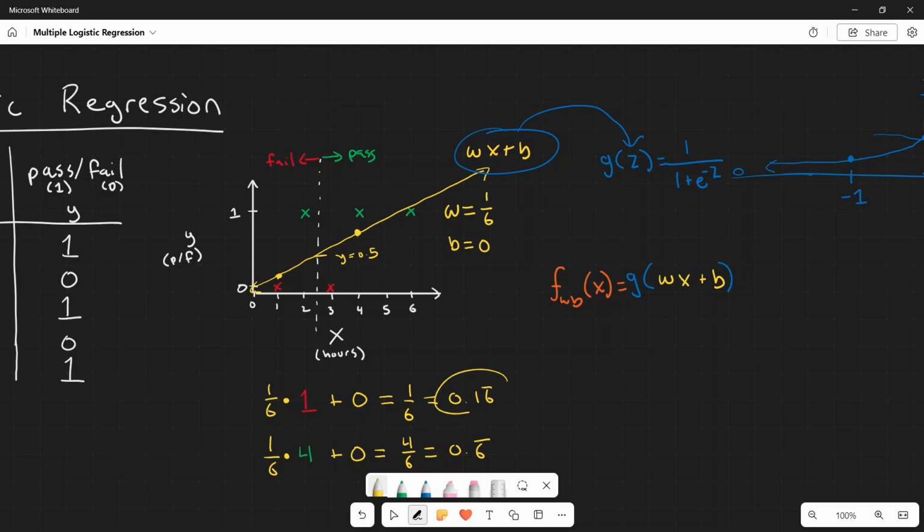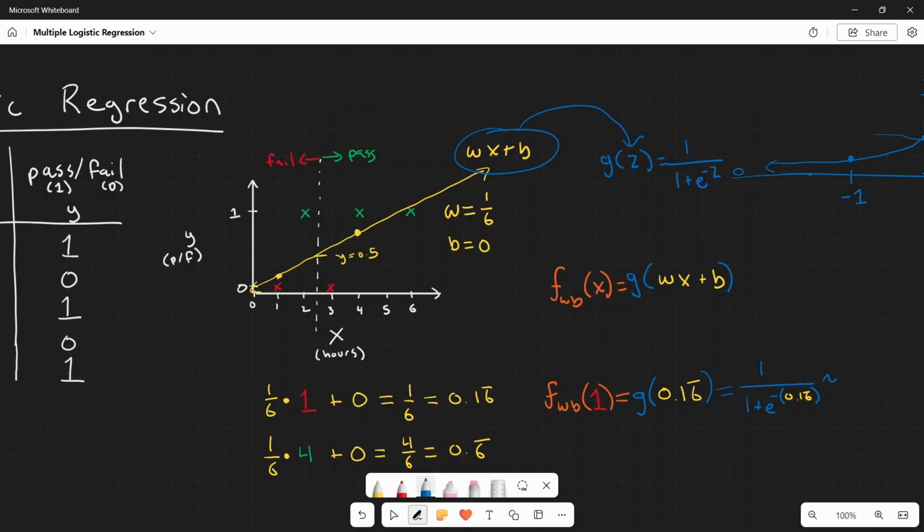Now let's apply these values that we just got into our sigmoid function up here. So we'll have f subscript wb of 1, and that's equal to g of this 0.16 repeating that we just calculated. And now g of 0.16 repeating is equal to 1 over 1 plus e to the negative 0.16 repeating.